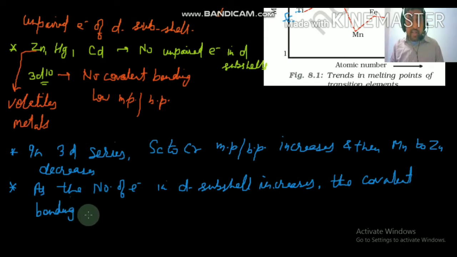the covalent bonding becomes stronger. The covalent bonding becomes stronger because more and more electrons will participate in that and make this bond stronger.